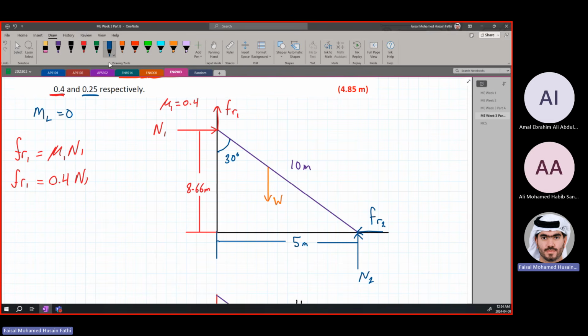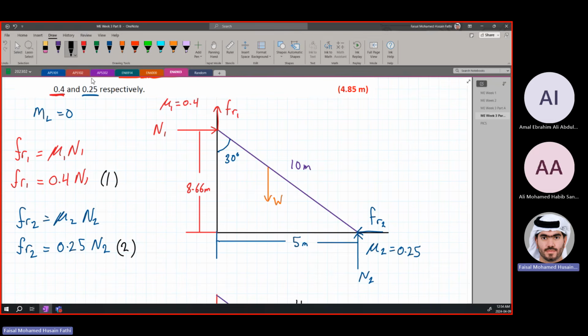Okay, and here we have mu2, which is equal to 0.25. So FR2 is equal to mu2 times N2. So FR2 is equal to 0.25 N2. This is our equation 1. This is our equation 2 that we will most probably be using later on.